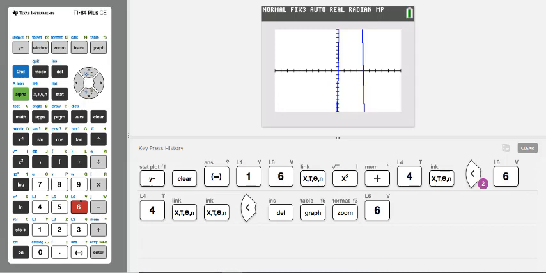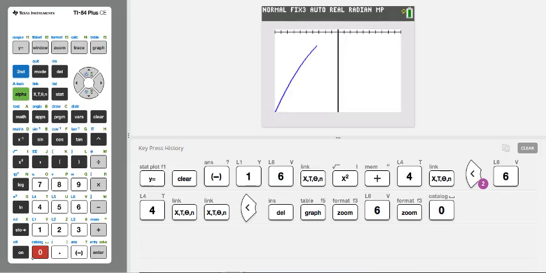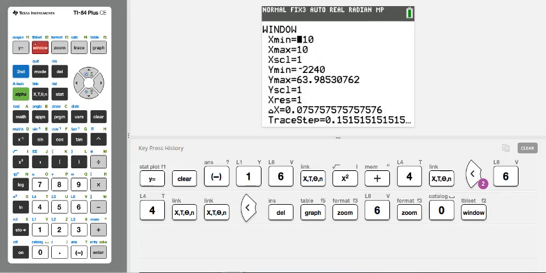All right, so I see something going up, something going down as far as it's going like that. So let's hit zoom 0. There we go. What we're going to do is concentrate just in this area up here, so we're going to manipulate our window for a little bit.